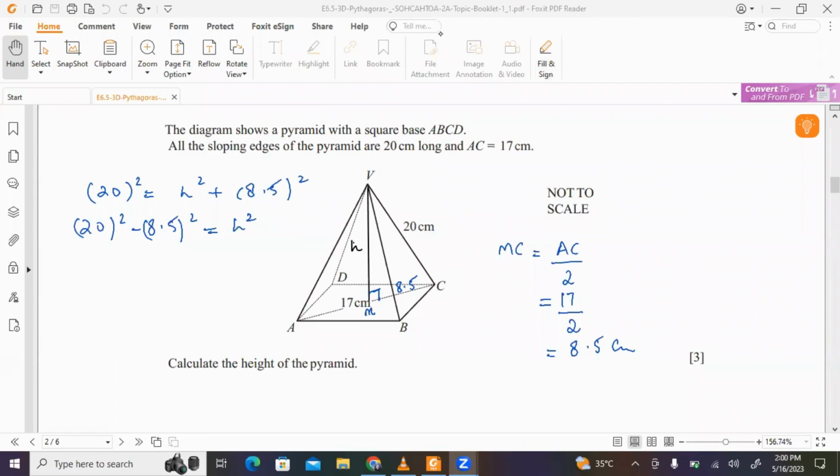If we calculate this, that gives us 327.75, and then we take the square root on both sides. So the square root of 327.75 equals 18.1 centimeters. That is your value of height.